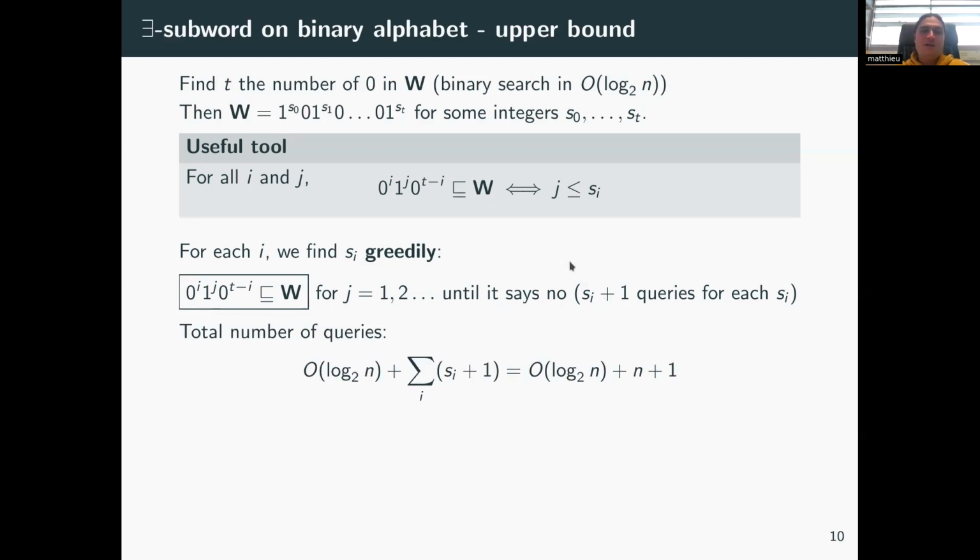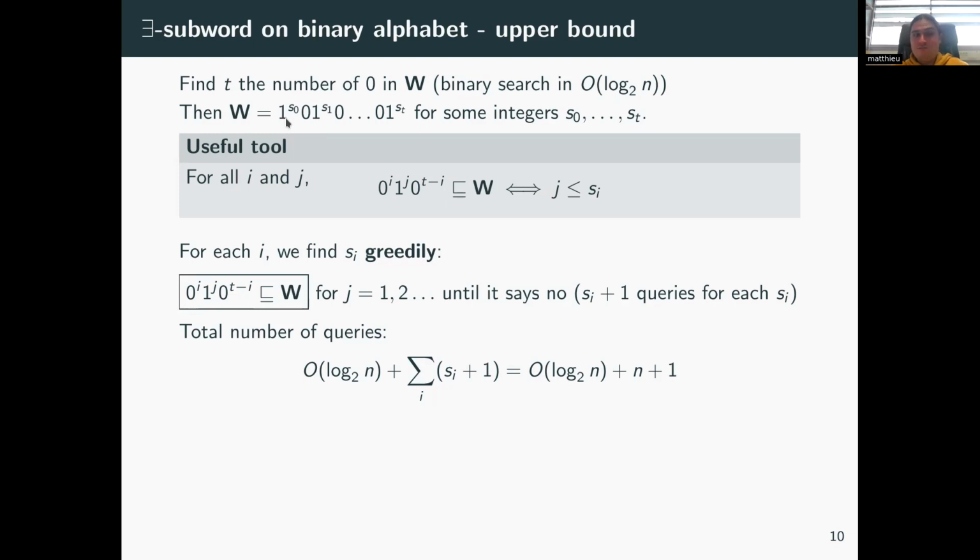So now if we try to count the total number of queries with this strategy, there is this log n operation to find the number of zeros, and then I have to sum for each I the value of Si plus 1. But now the sum of the Si plus 1 for each I, if I try to do this, then S0 plus 1 is just the length of this bit, right?